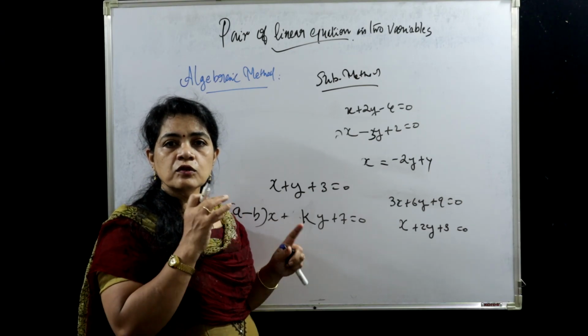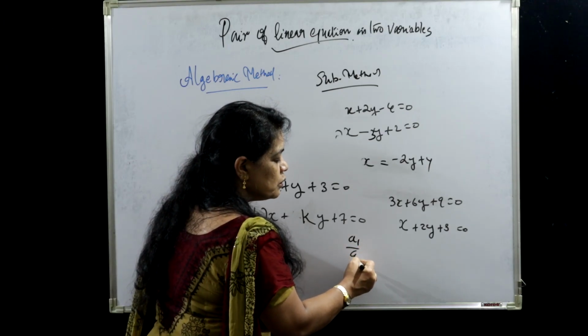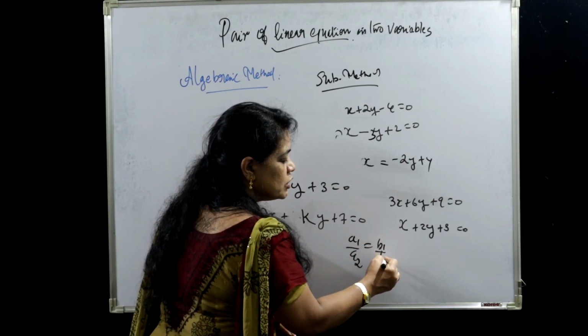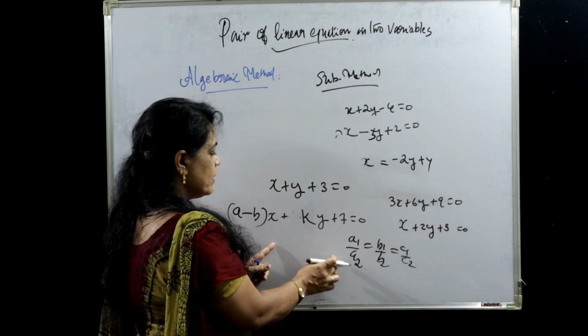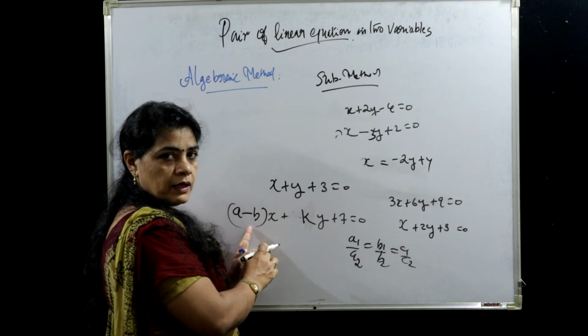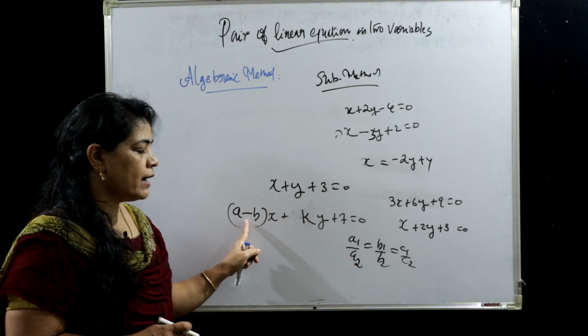So what to do? You have to write the condition for infinitely many solutions, that is a1 by a2 equal to b1 by b2 equal to c1 by c2. And you can compare: a1 is 1, and a2, the coefficient of x here, is a minus b.